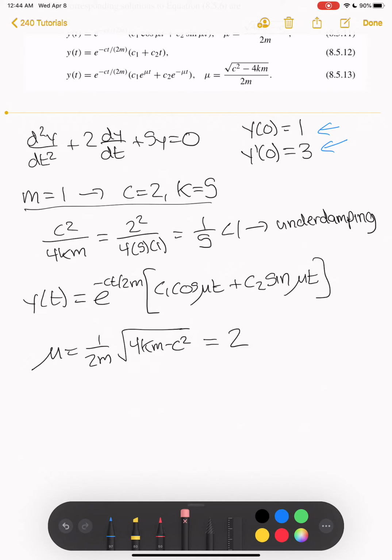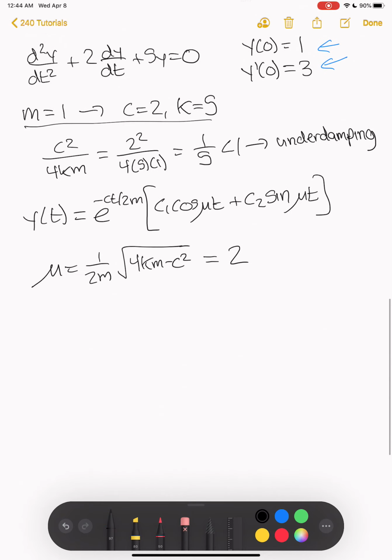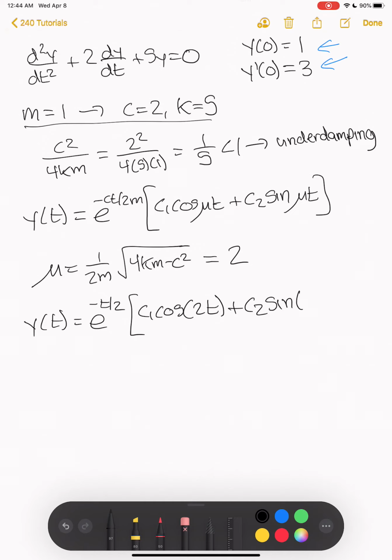So your mu gives you 2, and then you just go back up to y of t here and plug stuff in. So I know c is equal to 2, so I get negative t over 2, m is equal to 1, so I have c1 cosine of 2t plus c2 sine of 2t. So I've really done no math 240 in this problem. I've just read stuff off of a table.